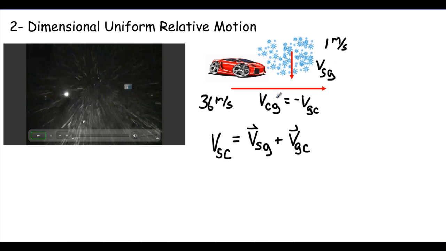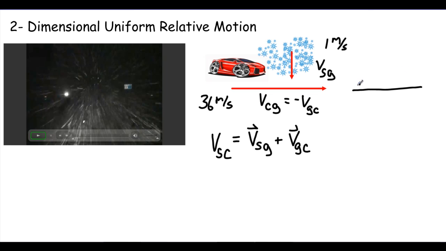Okay, so now I've got to do some math. Because these are vectors and they are at 90-degree angles, whenever I add these two vectors together, it's going to look something like this. Following the head to tail method, it's going to be the velocity of the snow. Oh, hold on. I can't do the velocity of the snow with respect to the ground, right? I have to do the velocity of the ground with respect to the car. So this one's going to look like this.